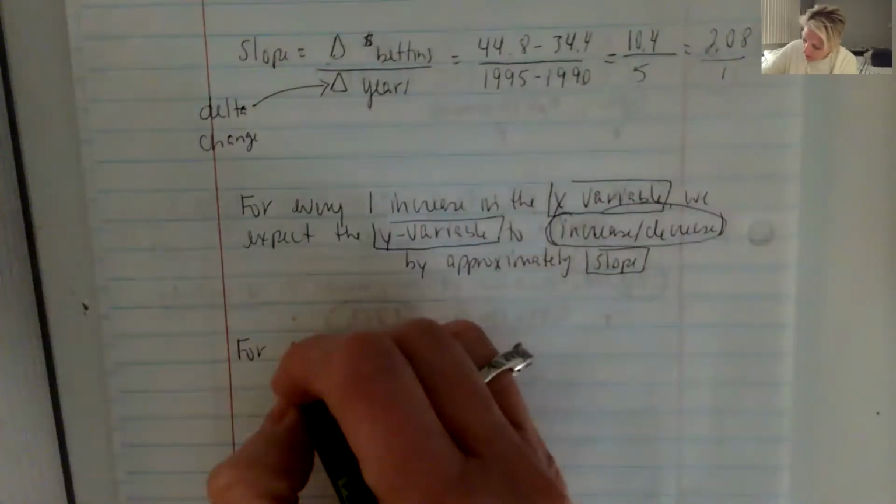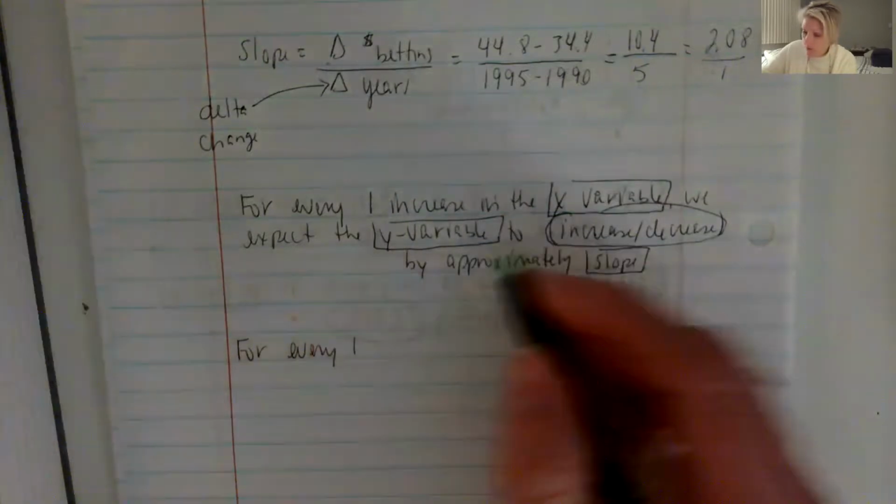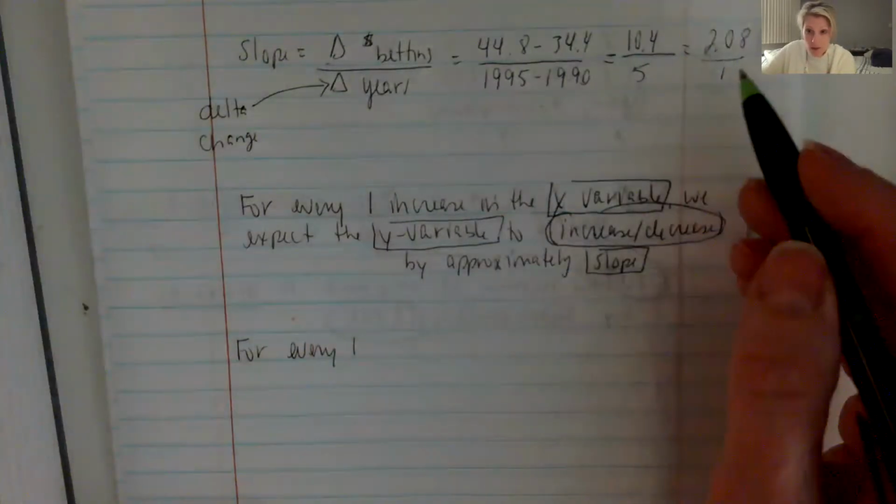So for every one, and the reason we're using 1 is because our slope is a unit rate over 1.